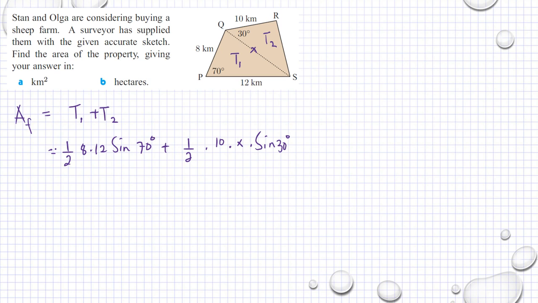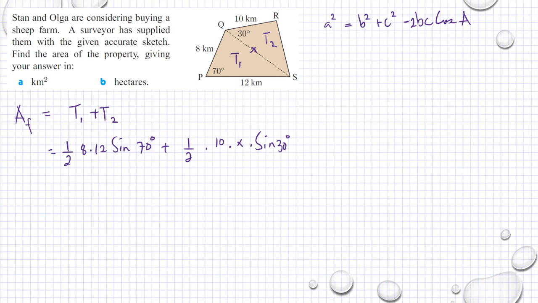We can find that by using cosine rule. So the cosine rule says a squared is equal to b squared plus c squared minus 2bc cosine a.